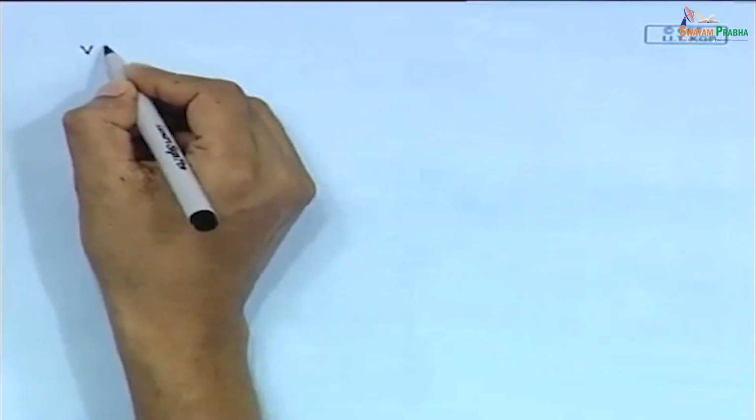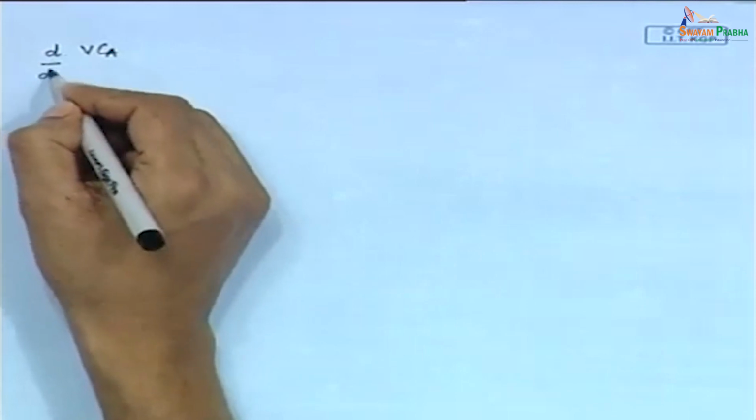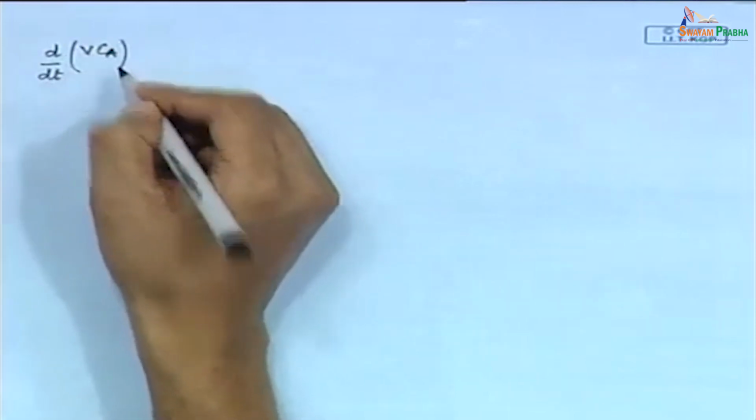Now, for this CSTR system, what is the accumulation term? Volume multiplied by Ca. Now, if we want to represent in terms of rate, then d/dt of V Ca. Clear?